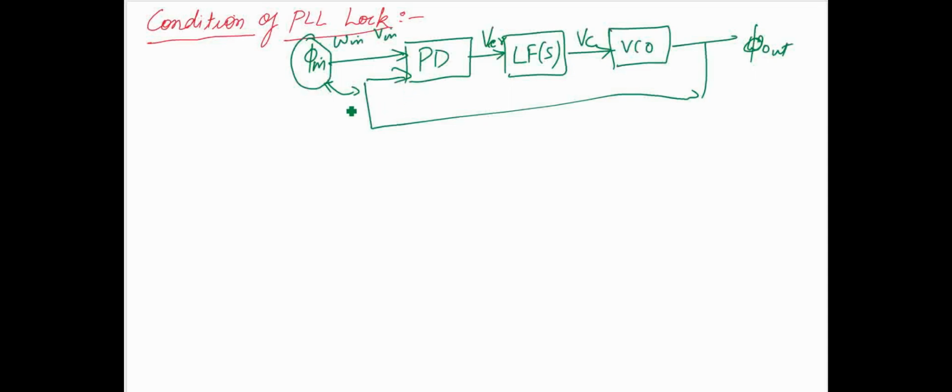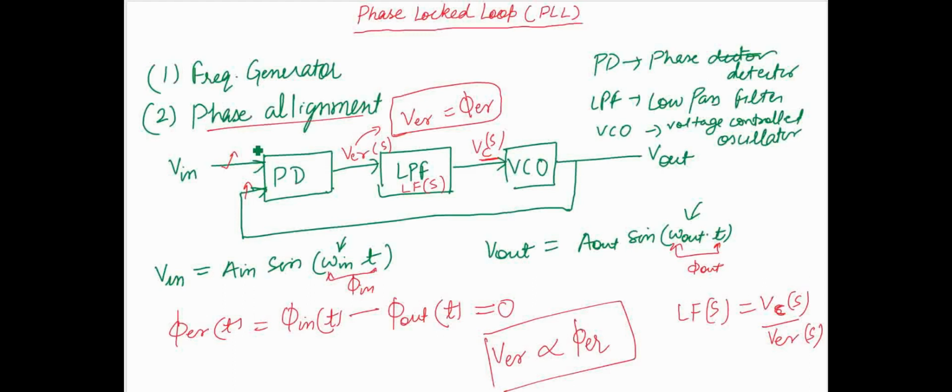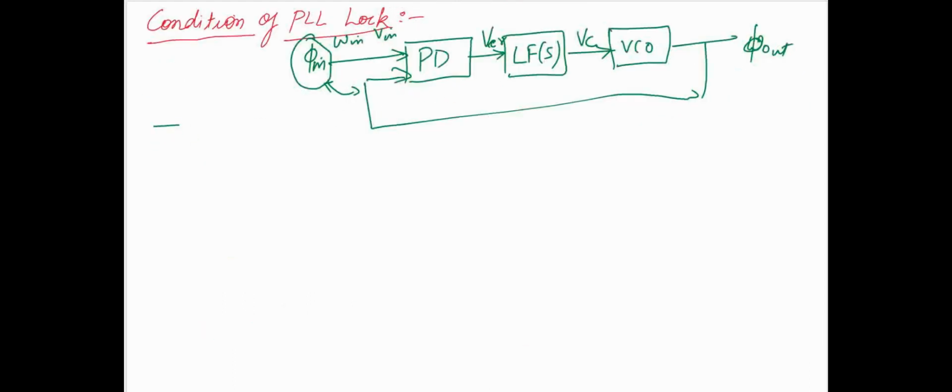We will see in an upcoming lecture how to design this PD. Now, in our first slide we saw phase alignment. What does it mean? Let V in be this, and the circuit wants to align the phase between this input and output.